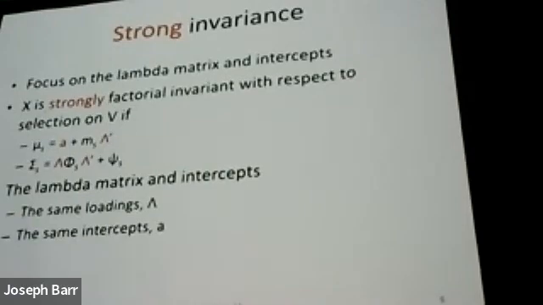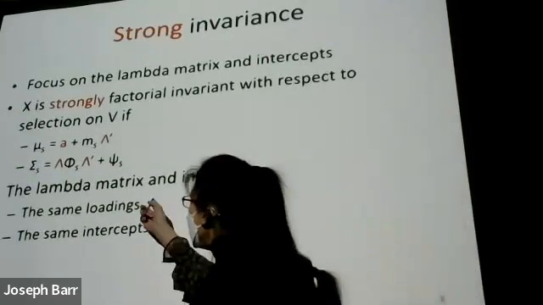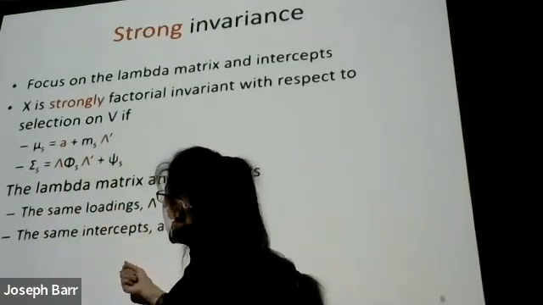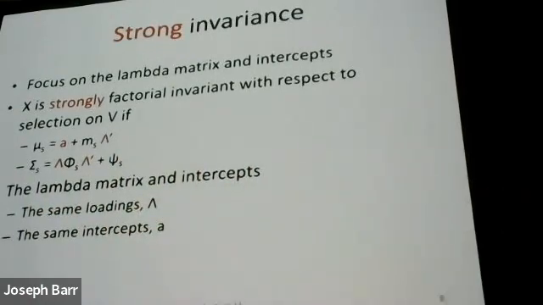If X is strongly factorial invariant with respect to V, selection of V, then the mean part and the covariance part, so this intercept A and the lambda matrix, should be the same. For lambda, in addition to the first step, the sign and the zero elements, you have to make sure the numbers are quite similar. Same lambda and same intercept. This is much stronger than the previous step.